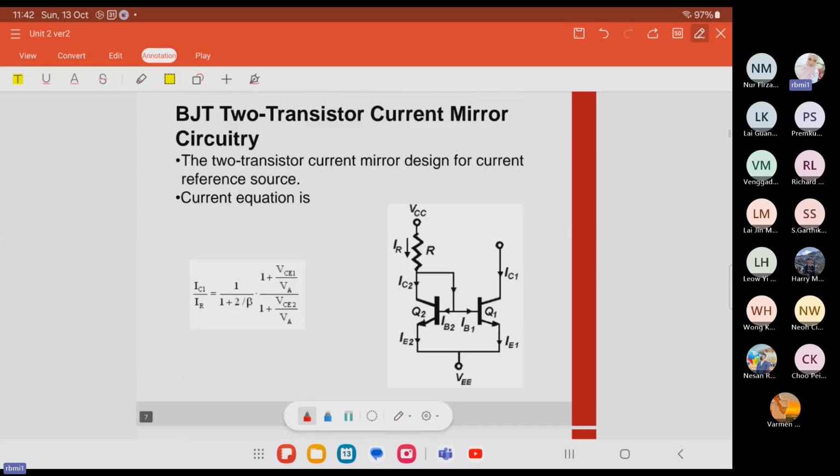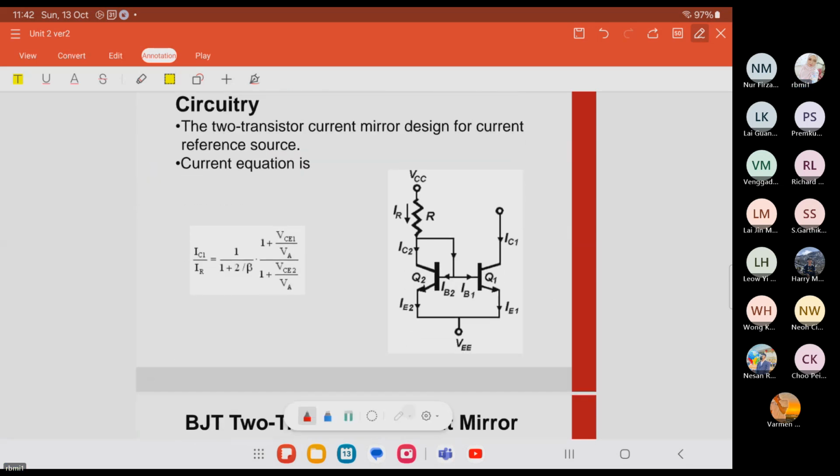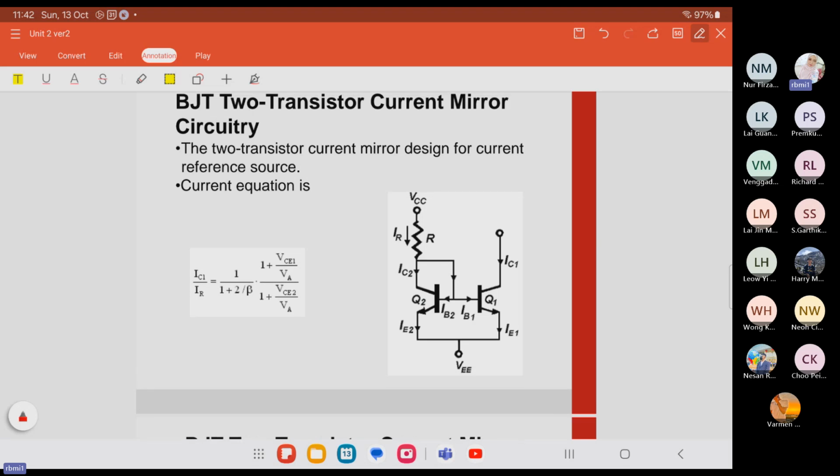Okay. The next one, we go for this two transistor current mirror design. For this one, we assume that Q1 and Q2 are similar in parameter, meaning that all the parameters in these two transistors are the same. So this is the equation for IC. If these two transistors Q1 and Q2 are similar, it will have the same value.